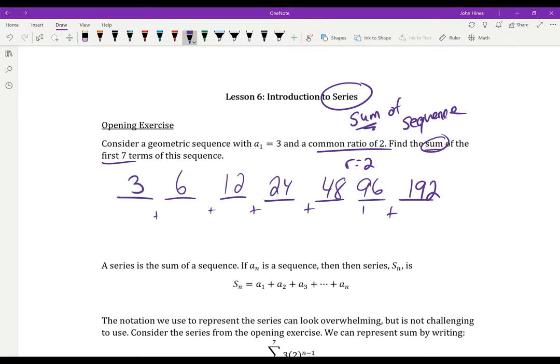On my calculator, I hit 3 plus 6 plus 12 plus 24 plus 48 plus 96 plus 192, and that sum equals 381.